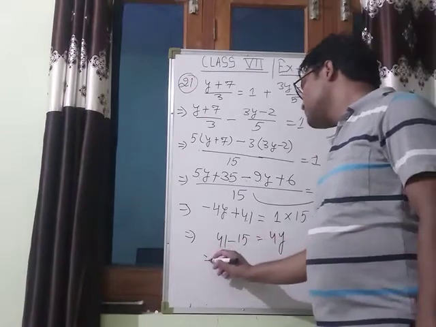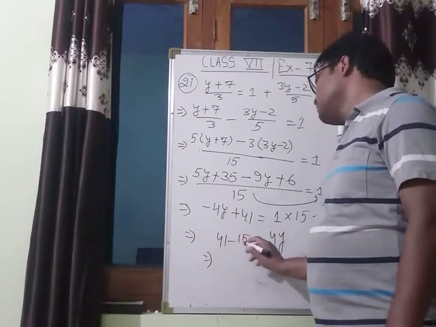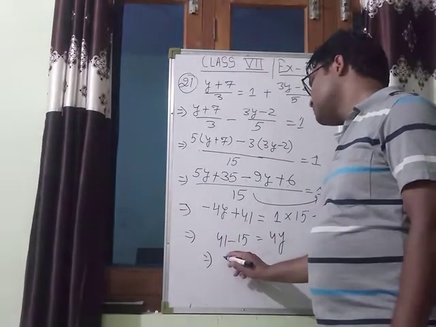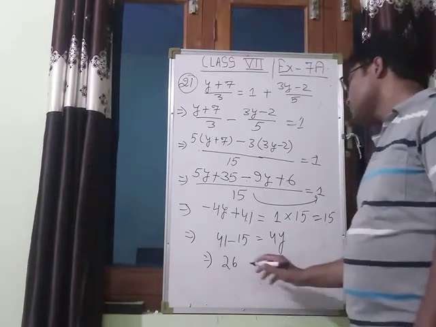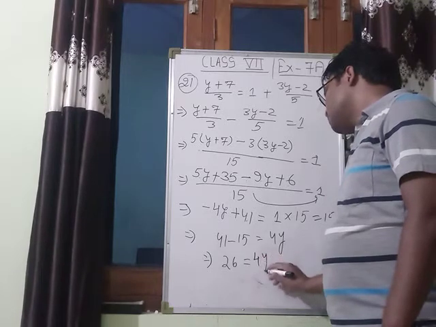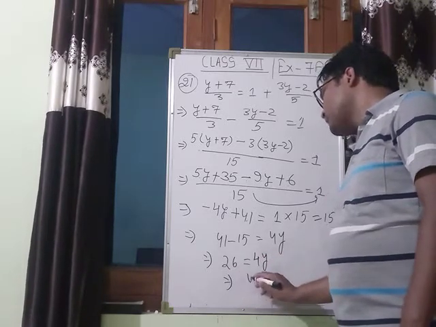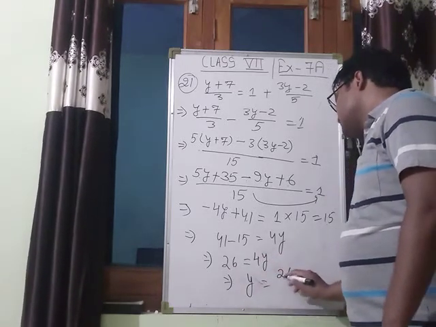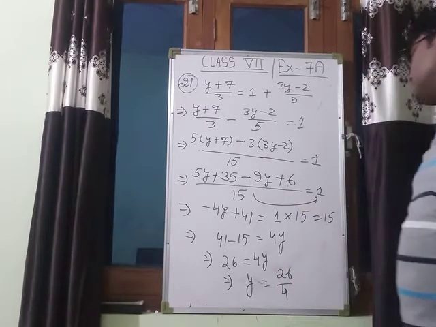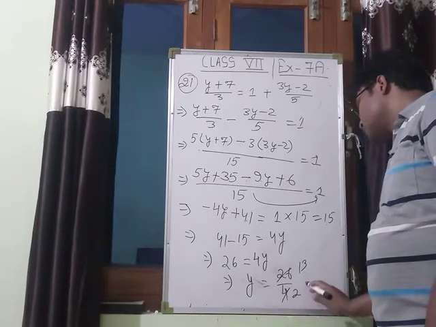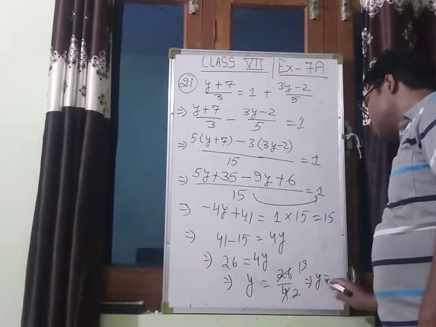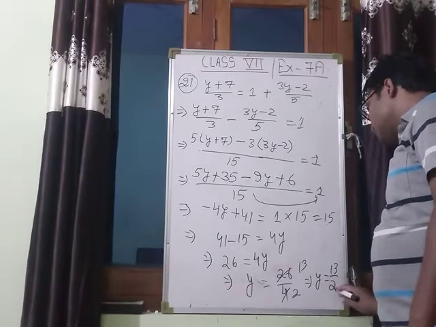So what we have? 41 minus 15, that is 26, equal to 4y. Then from here, y is equal to 26 by 4. Dividing by 2 both, y will be equal to 13 by 2.